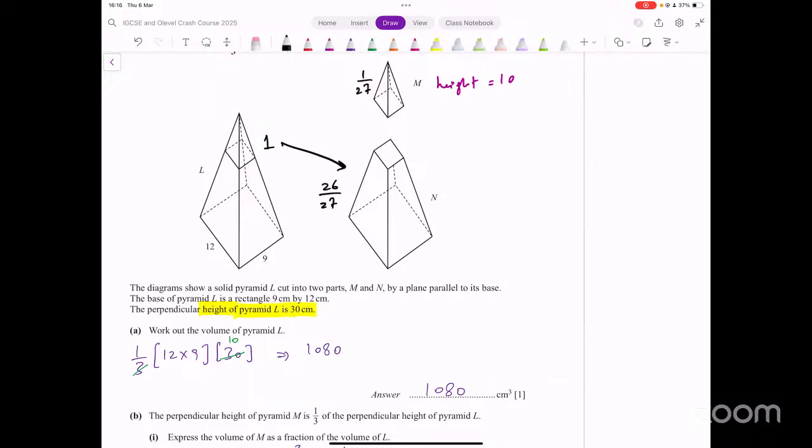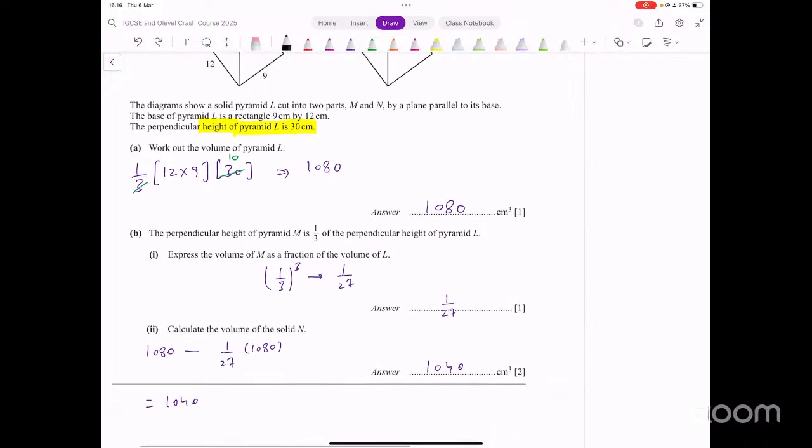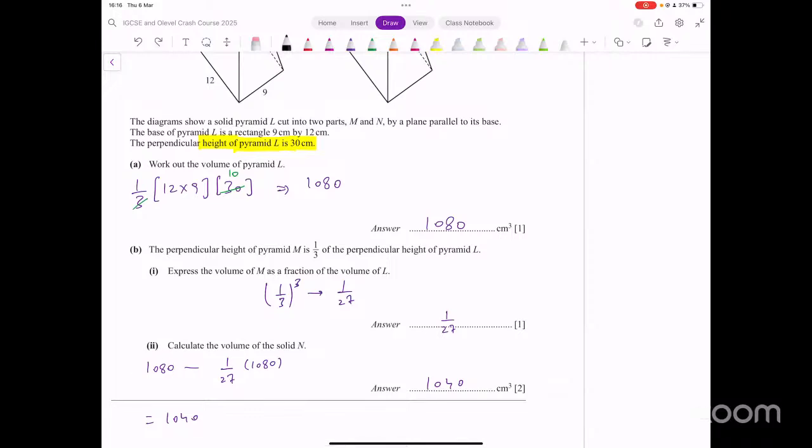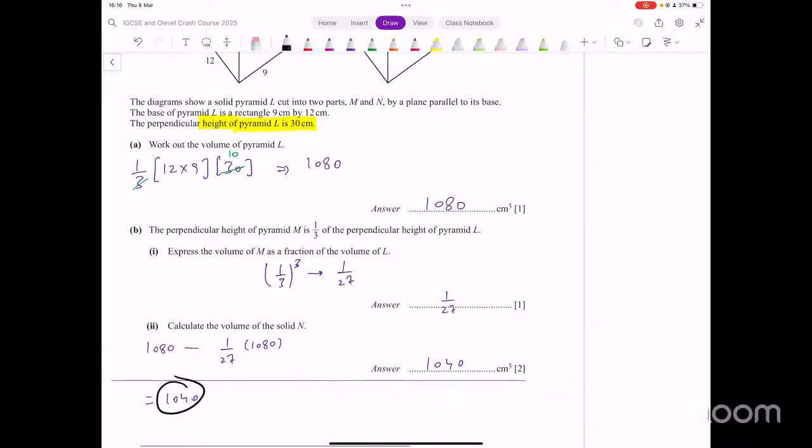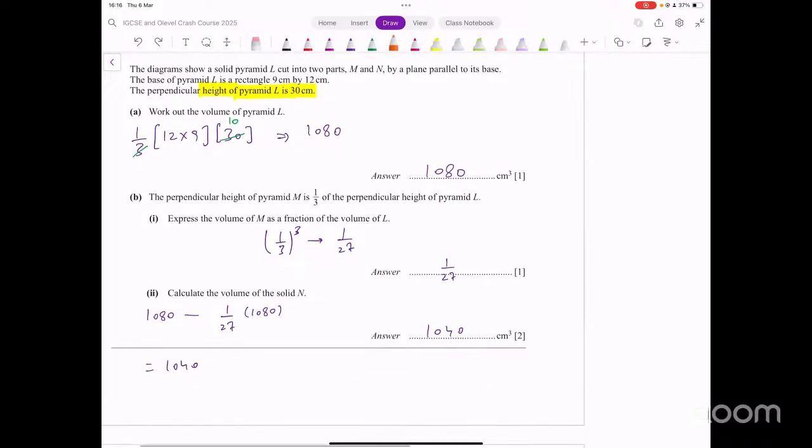So you could directly do it like this as well. You could say 26/27 times 1080. That would also give you the same result. So basically that would be 26/27 times 1080. That's also 1040. That could be another way of thinking about the same thing as well.